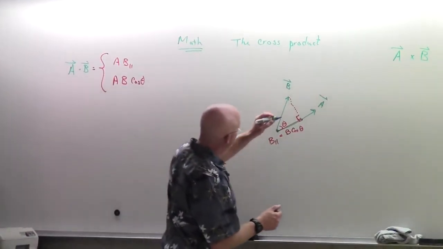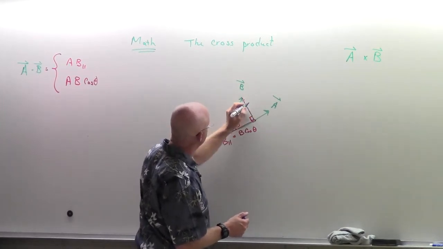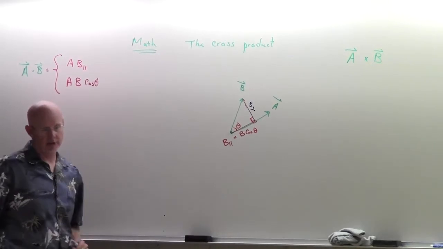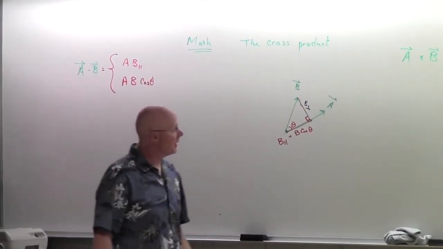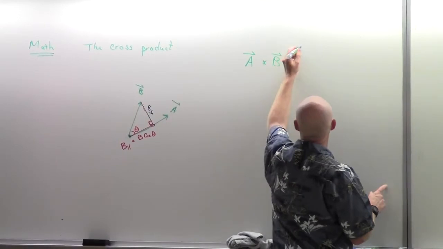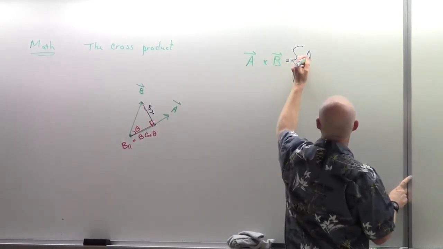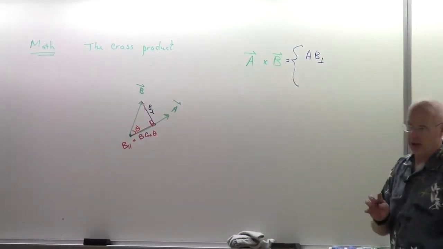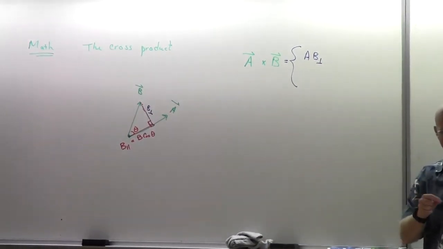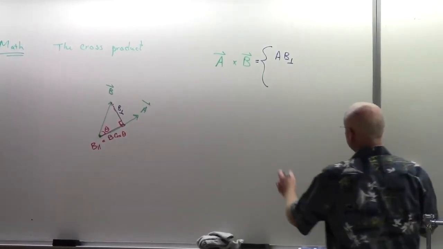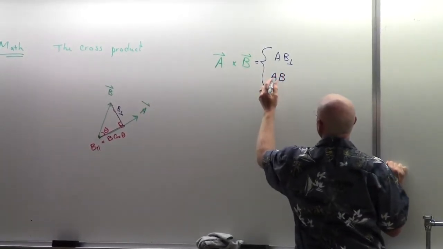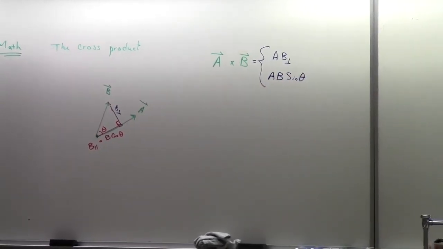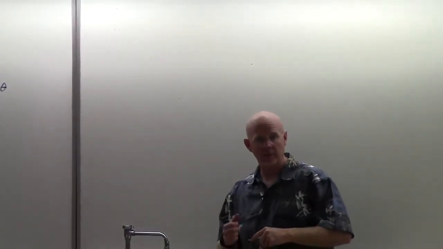It would be saying how much of B is perpendicular to A. And so A cross B would be saying A multiplied by how much of B is perpendicular. Not how much is parallel, but how much is perpendicular to it. You can see mathematically that means A times B times the sine of the angle between them.